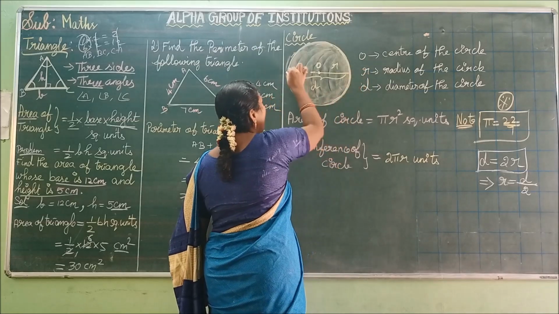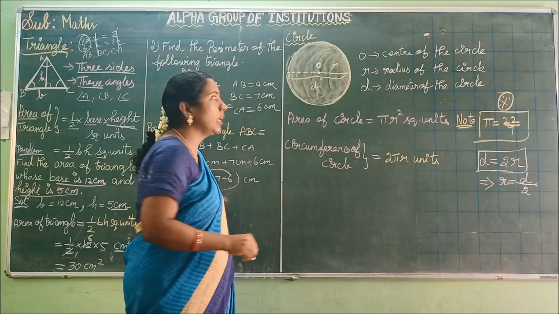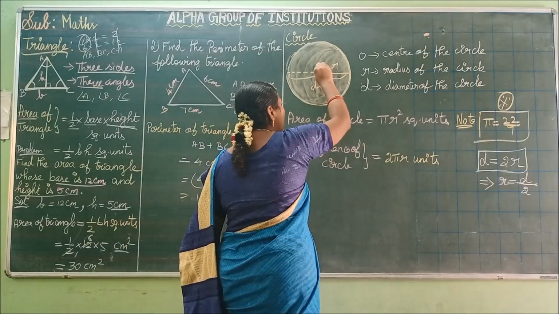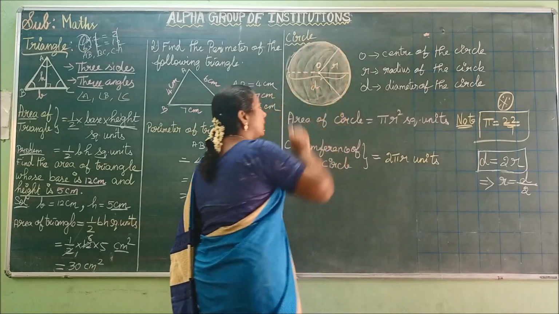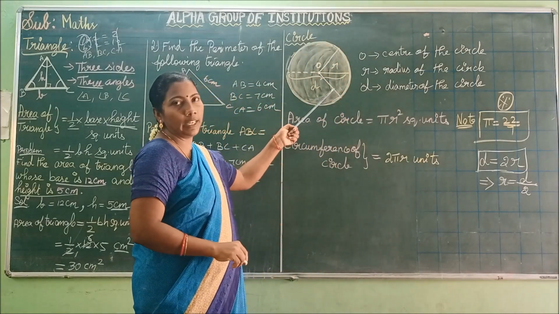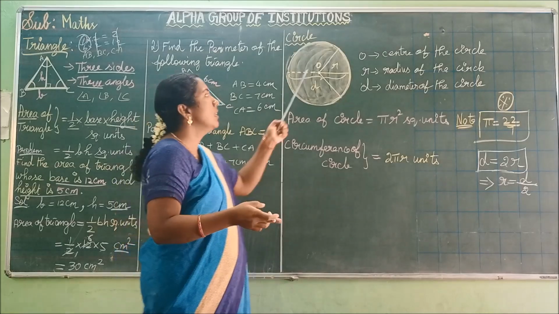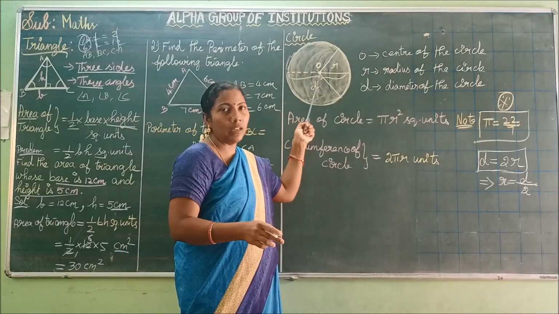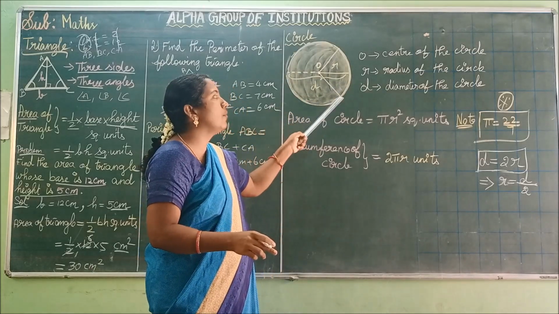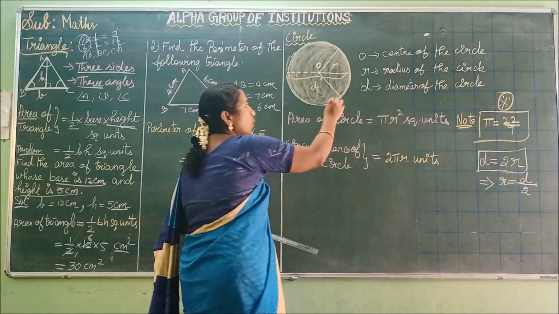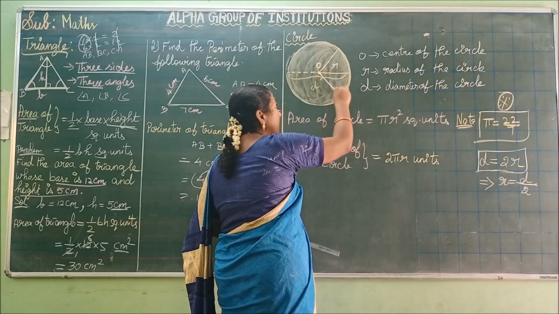If you take any point from its boundary and join its center to that point, you get one measurement. That measurement is said to be the radius of the circle. I hope you understand. You take any point from its boundary and join the point with its center, you get one measurement.